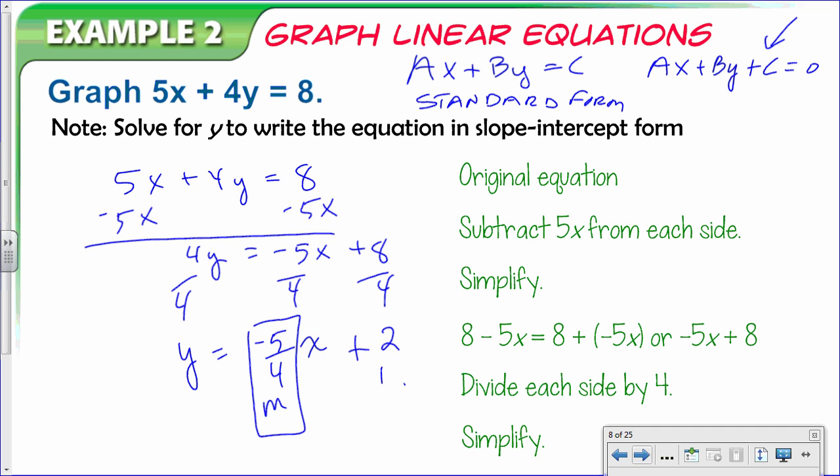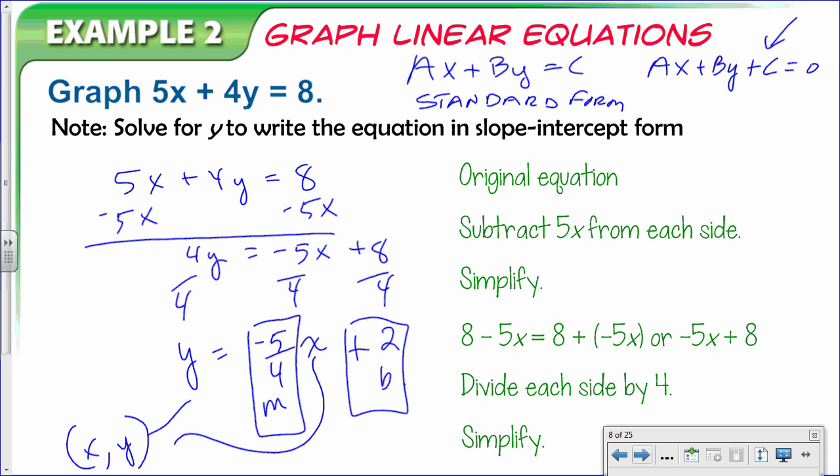That turns into my what? My y-intercept. And this is still what? That and that are still my x and my y. Right? That's good? Anybody need more time?